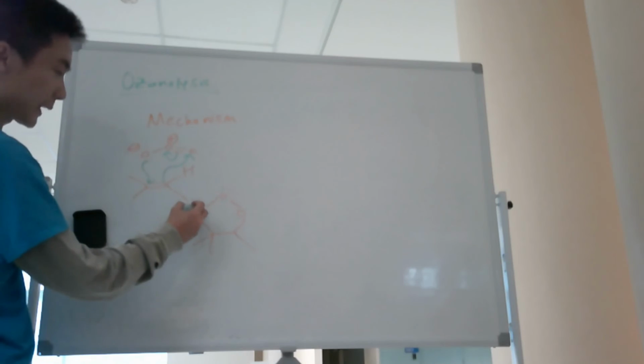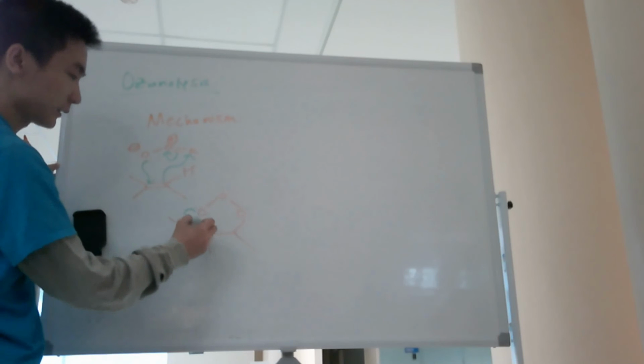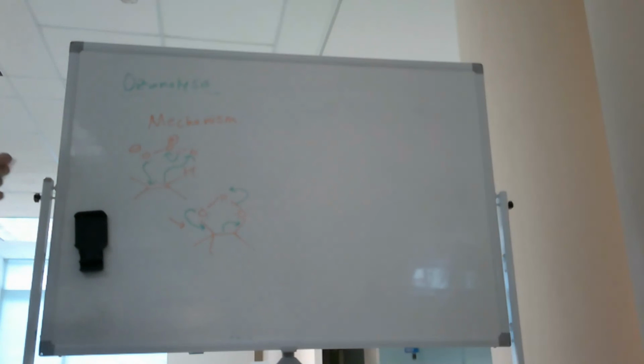We're going to make the carbonyl bond. And at the same time, the alkene bond is going to break off and make a carbonyl bond over there. And this oxygen to oxygen bond is going to break and go onto one of the oxygens there as well.